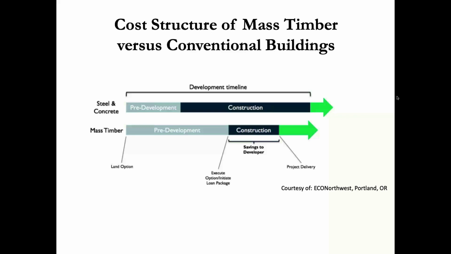And then my last couple of slides here, I shouldn't close without mentioning costs of mass timber buildings versus conventional buildings. It's a big area of interest, and you probably know the conventional wisdom is that with mass timber, as Levi said, you have a longer pre-development period where you have to do things like 3D modeling, digital twins, and all of that.